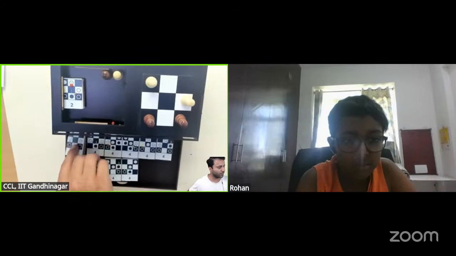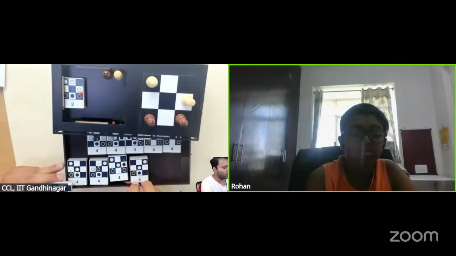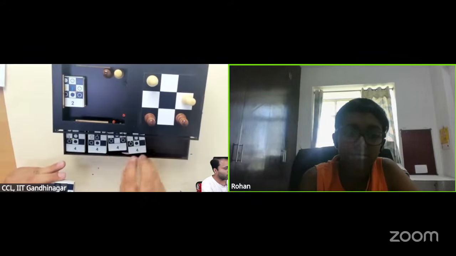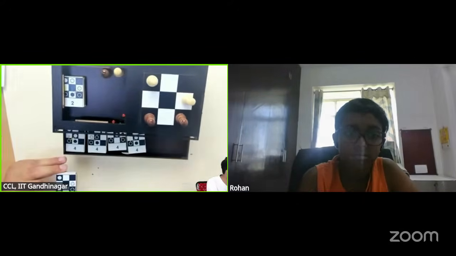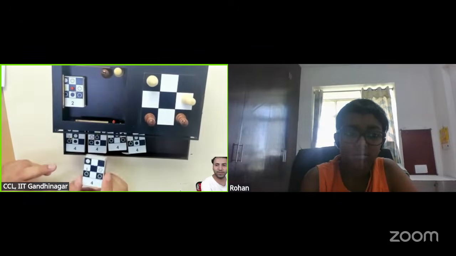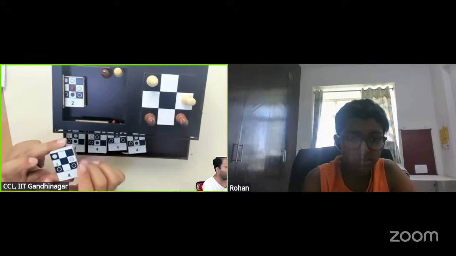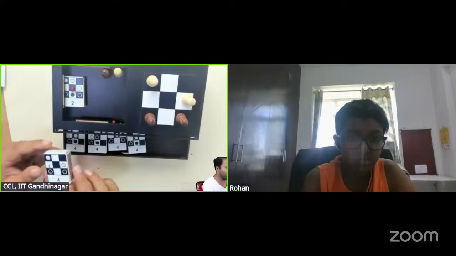Yeah. So the matchbox has only one possibility. It cannot move it front like this. It has to only move like this, which is a green.